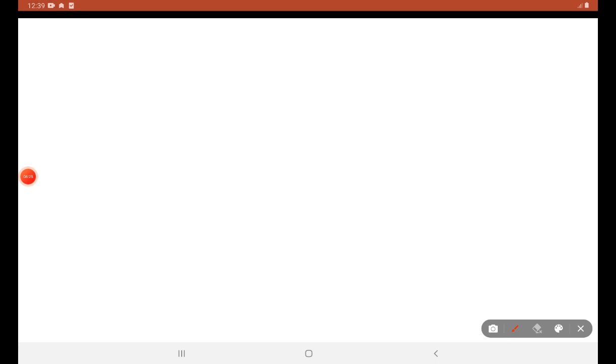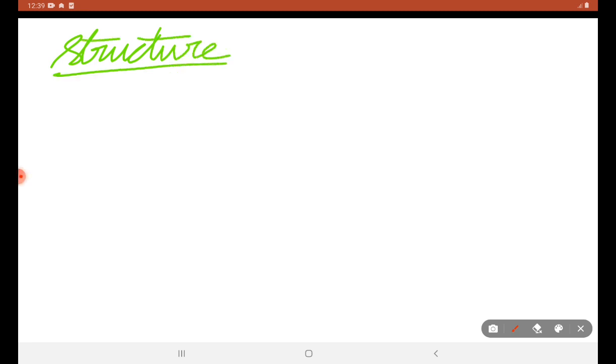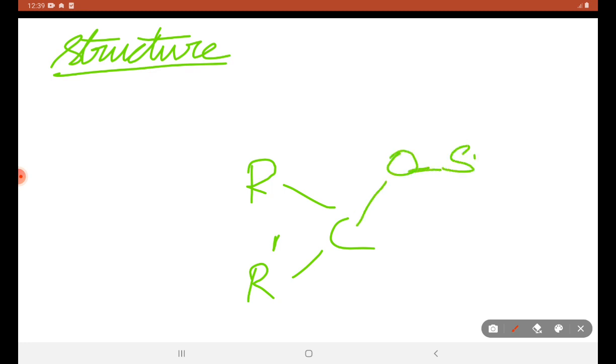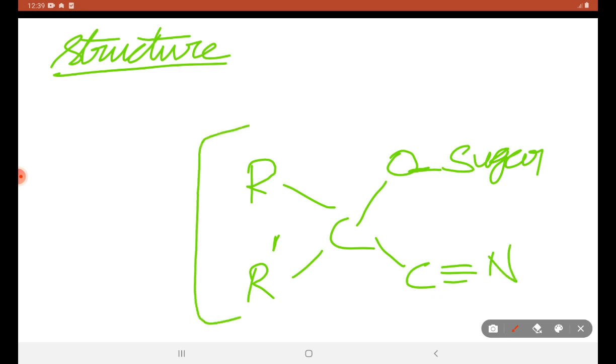Now we are going to see the structure of cyanogenic glycosides. An R group linked to a carbon, a second alkyl group, oxygen linked with sugar, then a carbon with a triple bond to N. So we have a carbon in the center linked with two different alkyl groups, then oxygen, then a carbon linked with sugar, then with nitrogen.